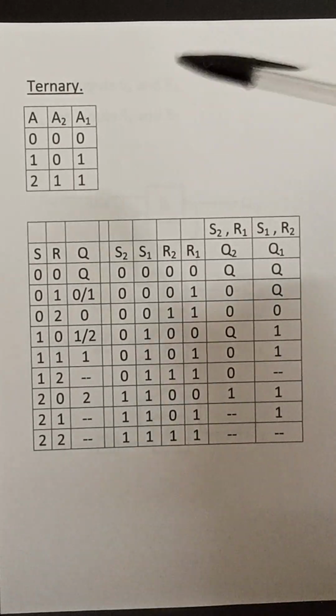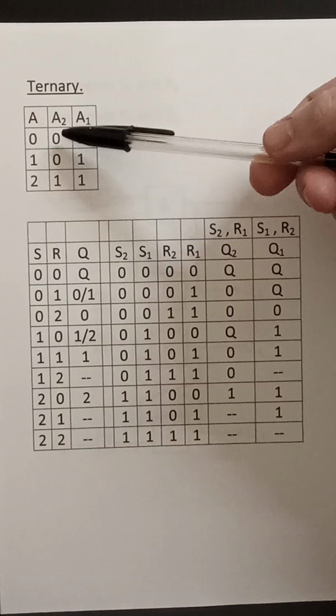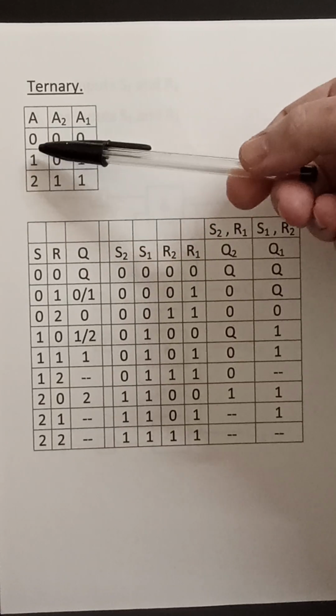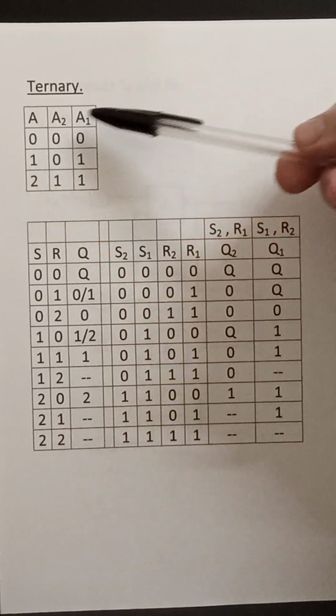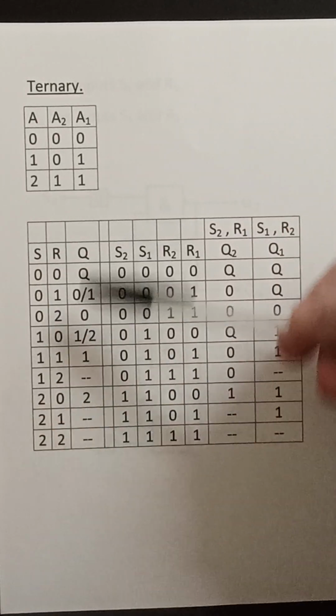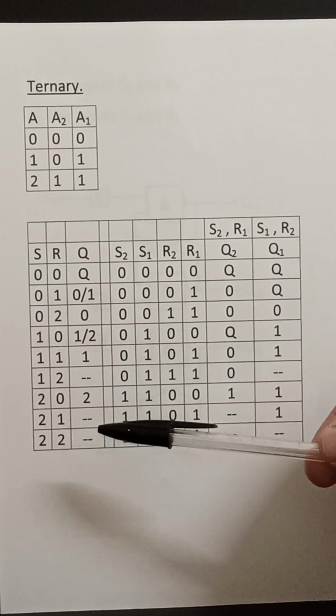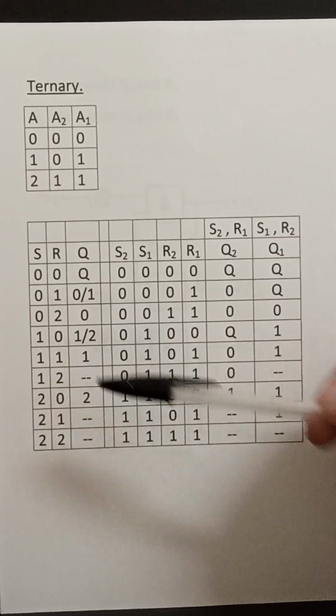So this is the ternary case. Here we have A. This is A_2, 0, 0, 1 in response to 0, 1, 2, and this is A_1, 0, 1, 1 in response to 0, 1, 2. These are the S and the R and the Q outputs, variables for the ternary SR flip-flop.